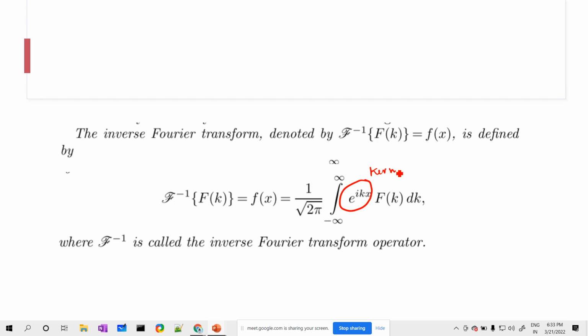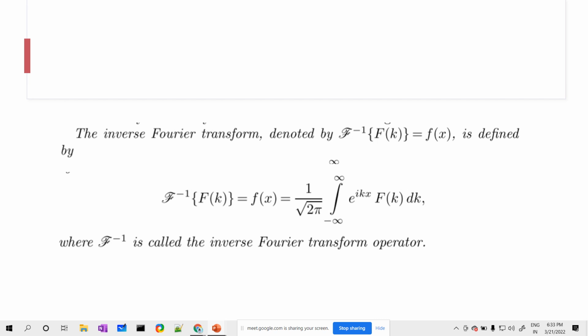It is e raised to ikx, whereas to find the Fourier we use e raised to minus ikx. Definitely the variable of integration has also changed. Over there we integrate with respect to x, over here it is with respect to k. So this is the formula for the inverse of the Fourier transform.